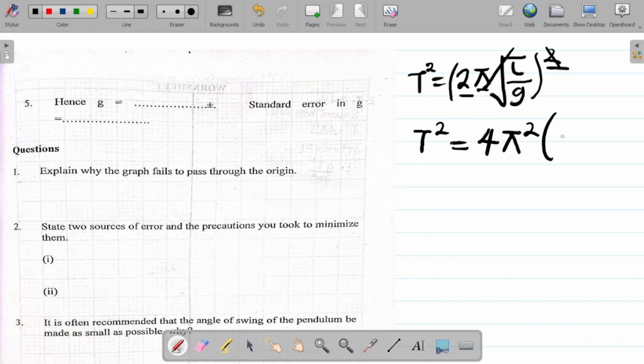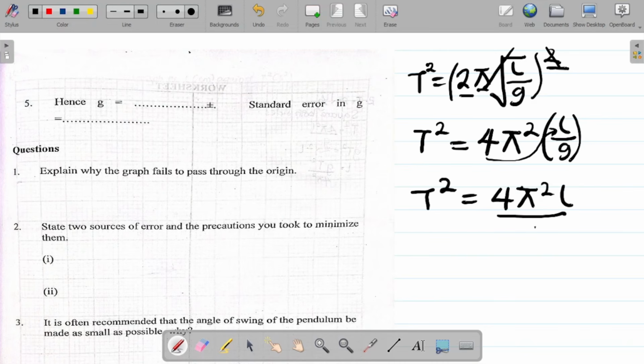That becomes L over G. I already explained this before, so I'm rushing it a bit. So T squared will be equal to, this goes to the numerator, 4 pi squared times L all over G.